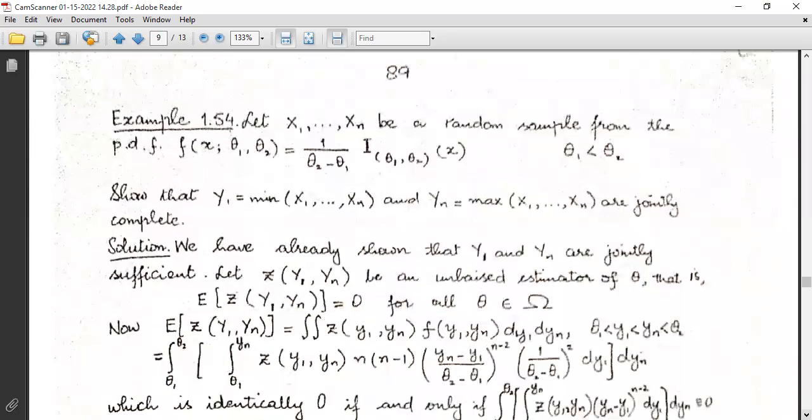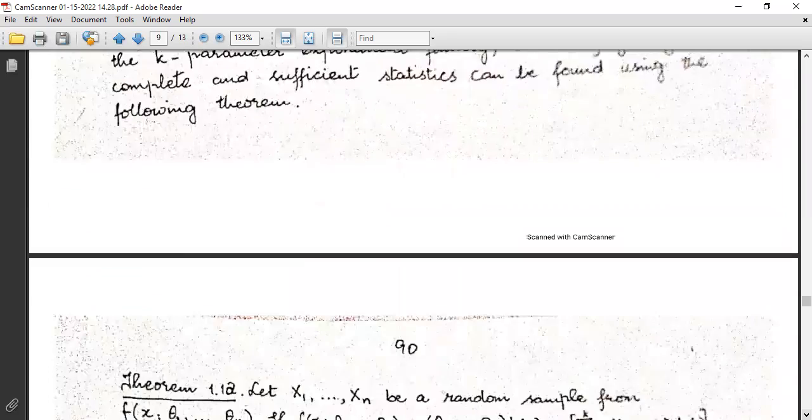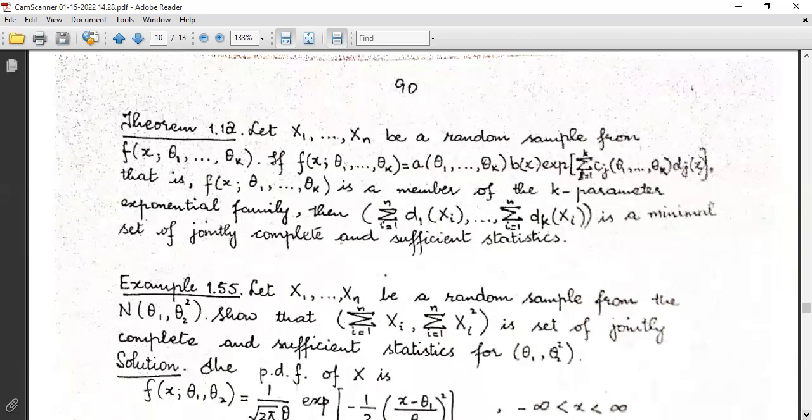So we will also go through some examples relating to this generalized variance and the generalization of the Rao-Blackwell theorem. Examples will relate to the PDFs of some discrete or continuous distributions.